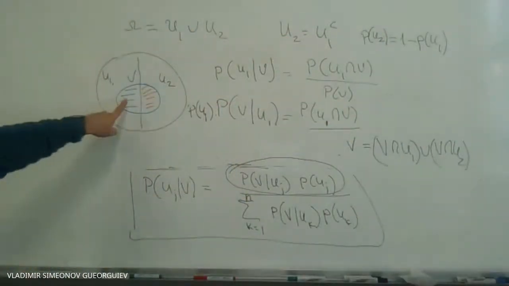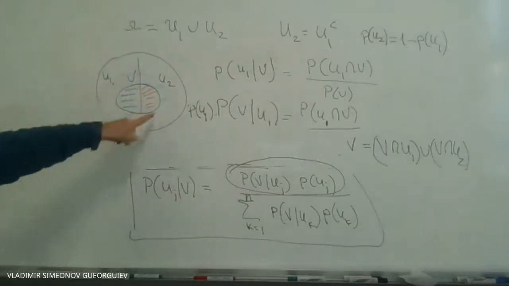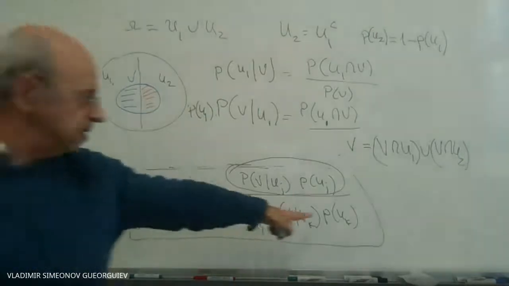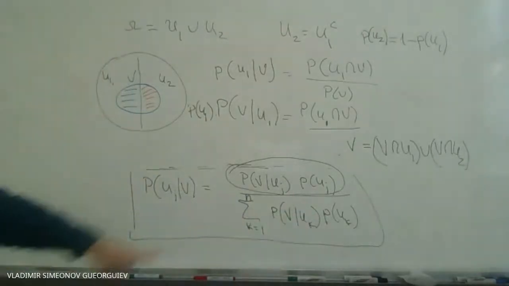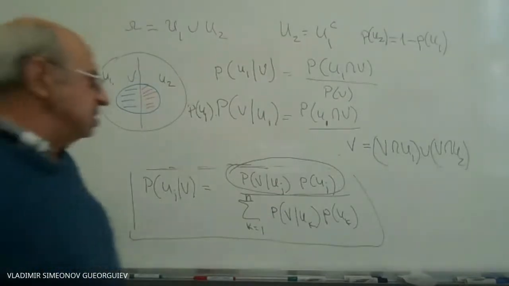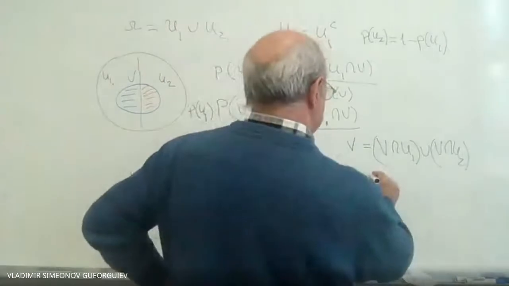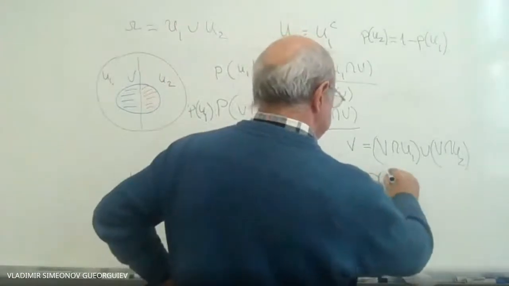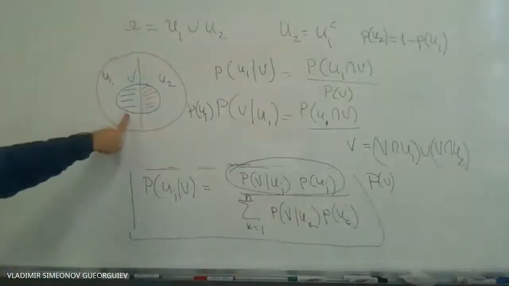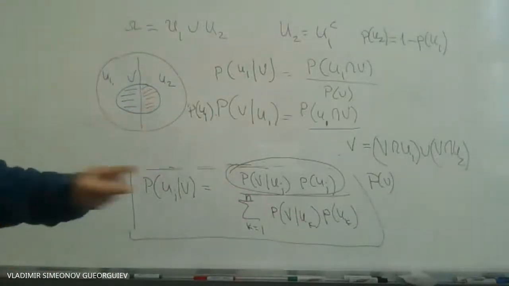It is clear the blue one plus the red one gives me the whole V. So what we have downstairs in the denominator is simply connected with this relation, P of V. Have in mind that the blue set and the red set are disjoint.